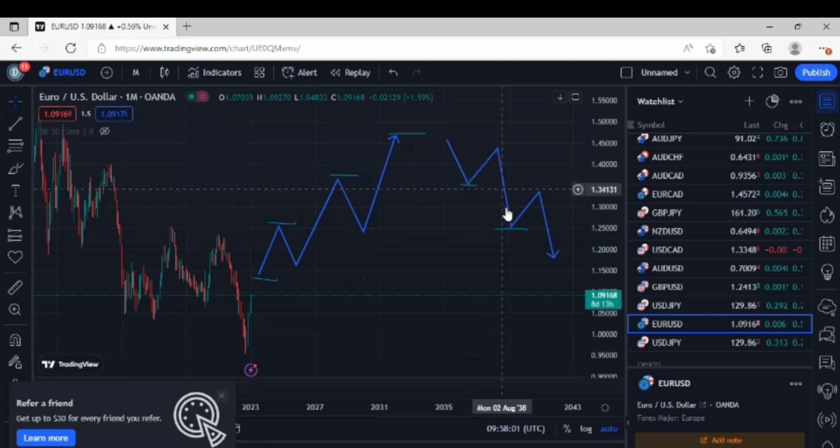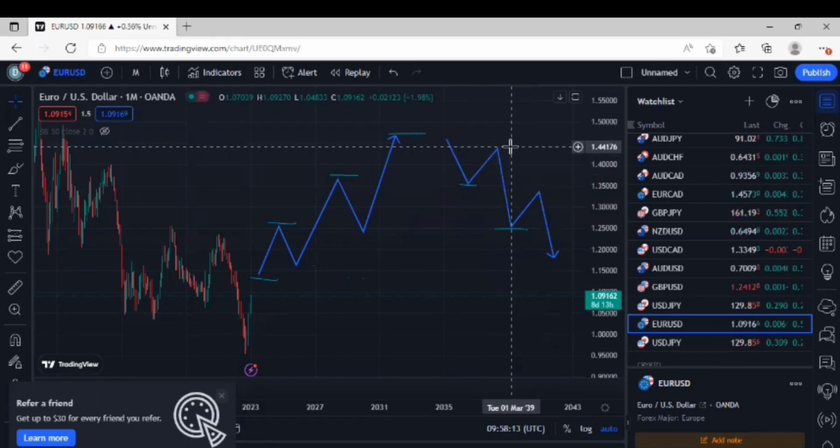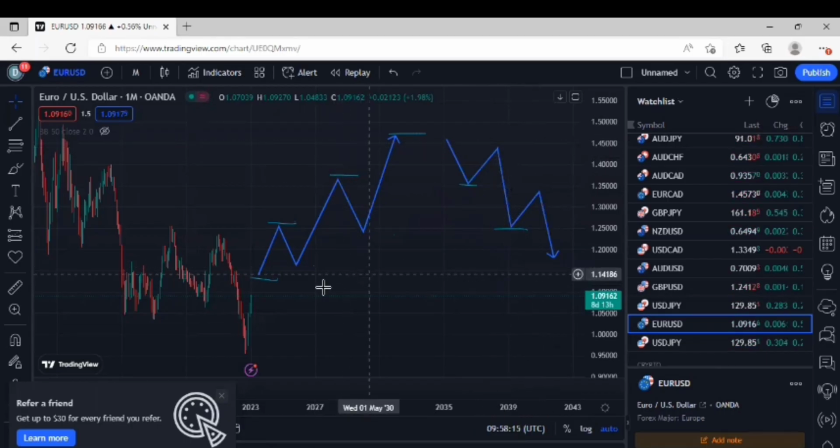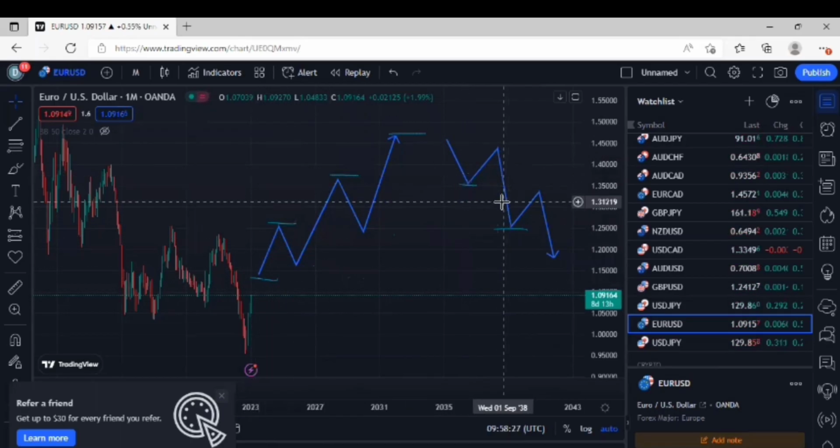The moment the price breaks this previous low, then you say we have a lower low and the market is in downtrend. So to use the market structure to determine the uptrend or the downtrend, you need to have two highs for the uptrend and two lows for the downtrend.